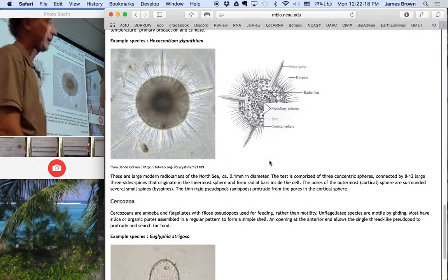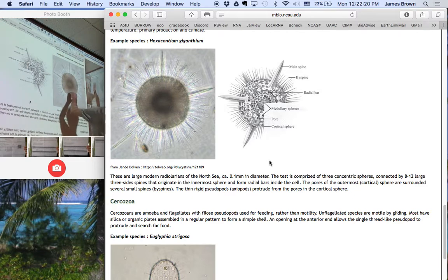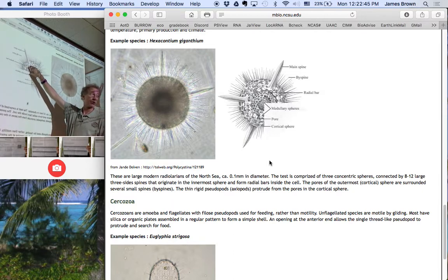Here's an example, Hexacontium giganteum. This is big, not that big, but it's big enough to see. The shell is in 3 concentric circles, and the shell is inside the animal itself. So the outer shell marks an outer boundary. But all of this stuff is inside the cytoplasm of the creature itself.